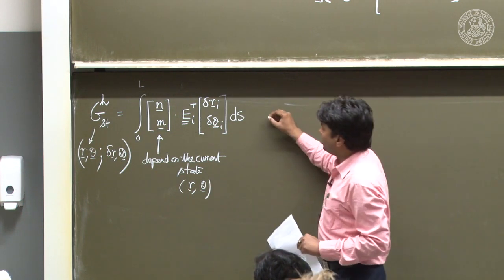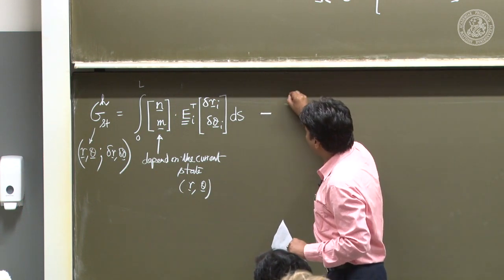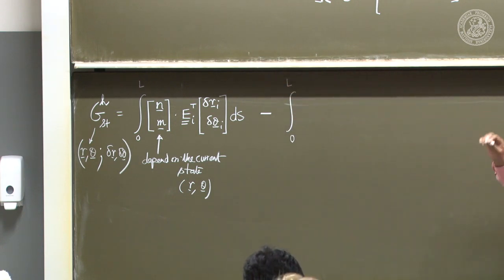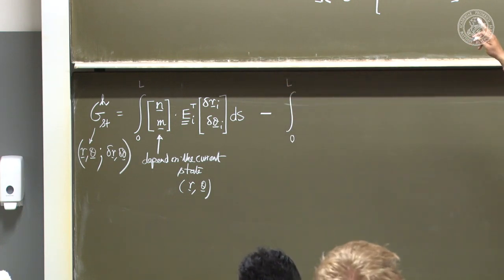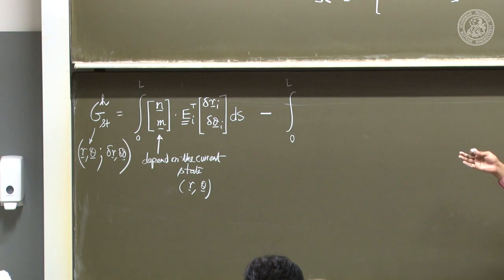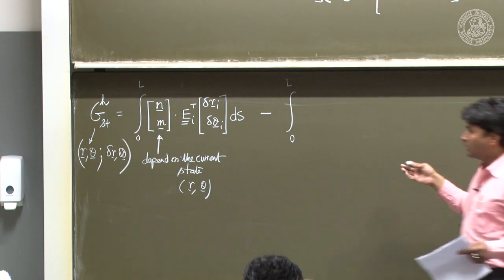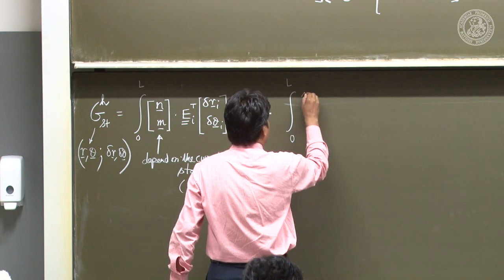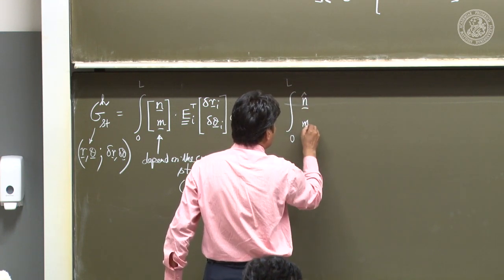Then we talk about the second term, minus 0 to L, and the second term is quite easy. N hat and m hat are the distributed load and distributed couple. So, usually they are prescribed. So, depends on how you have prescribed it.